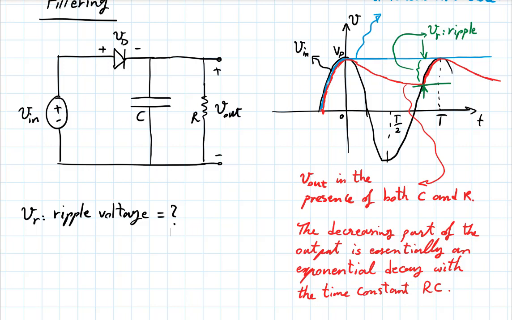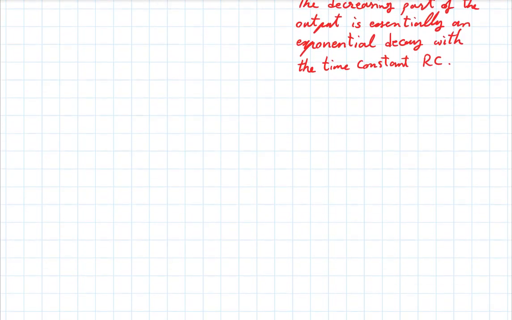So I want a very small ripple, which means I want a very slow decay, which means I want a large time constant. I want it to take a very long time to decay. So the time constant has to be large. RC has to be large. So let's try to calculate voltage for the approximate case when the decay is slow.